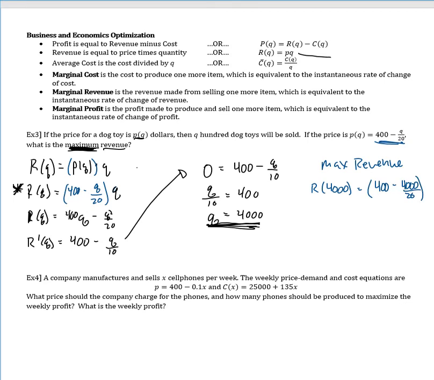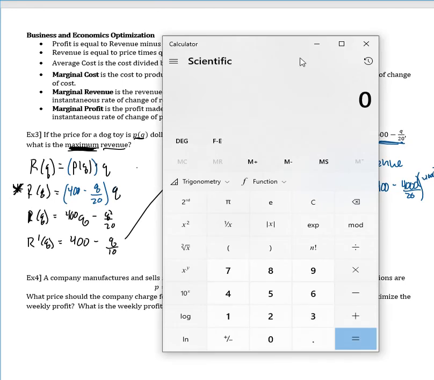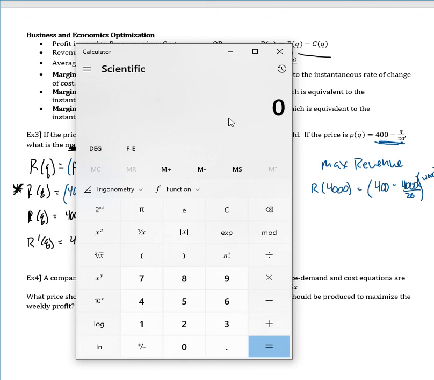Now we just simplify. So this is just calculator at this point. Let's type that in. I'm going to do 4,000 divided by 20, and then 400 minus that 200, and that is 200.